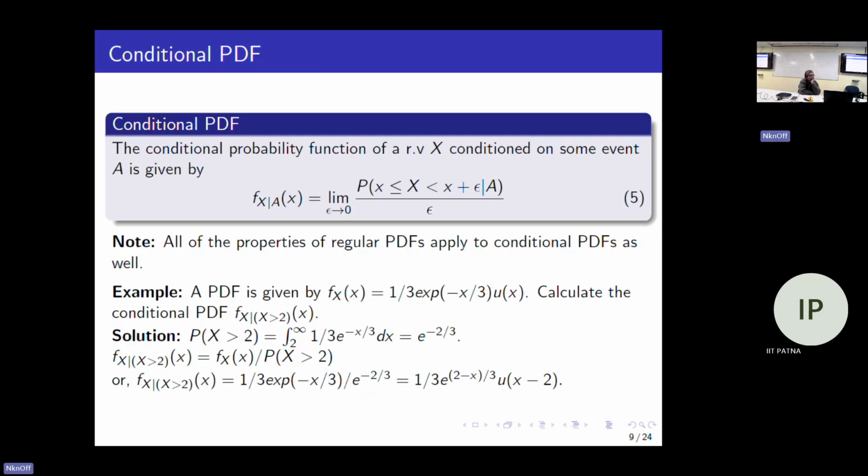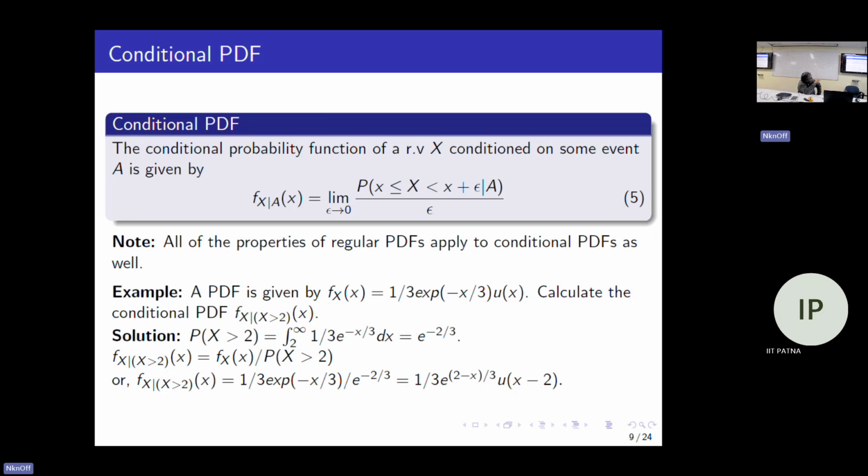Now, if we go with the conditional PDF, this is another interesting part. The conditional PDF means the conditional probability of a random variable x, conditioned on some event A. Some event has already occurred. So we call it f of x given A. That means the conditional probability of x being within small x and small x plus epsilon, given A, in the limit epsilon tends to 0.